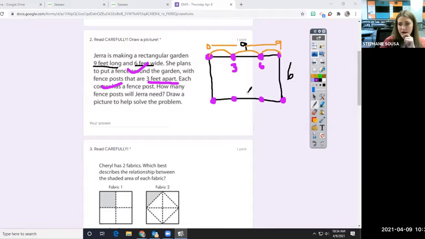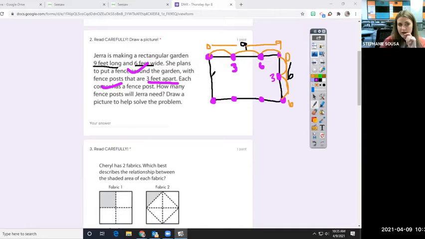So our top and our bottom are now finished, and we have 1, 2, 3, 4, 5, 6, 7, 8 fence posts so far. Now it says we got to do the other side where there's 6. Again, we know that this is from 0 all the way down to 6. If we're going to put it every 3 feet, that's 0, 3, 6. 6 already has a fence post, but 3 does not.